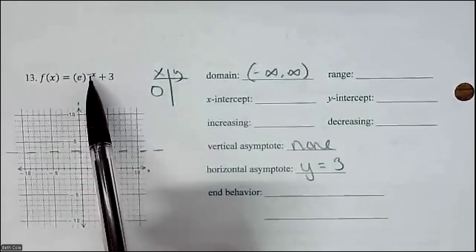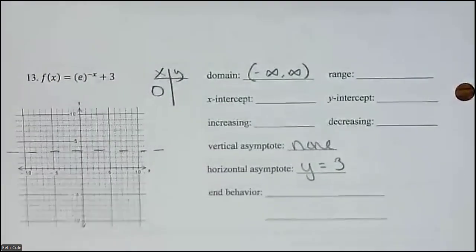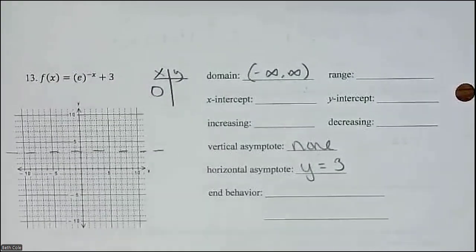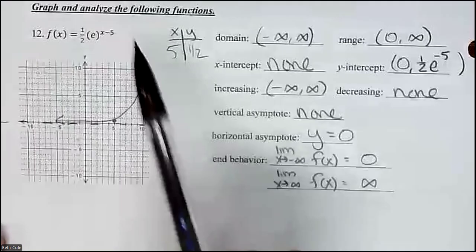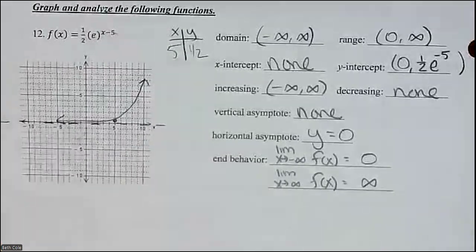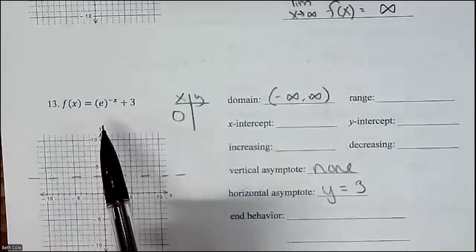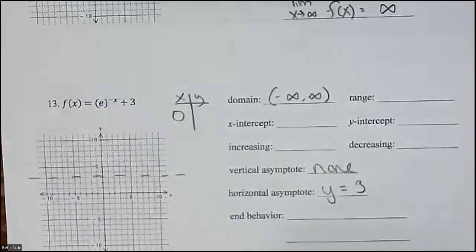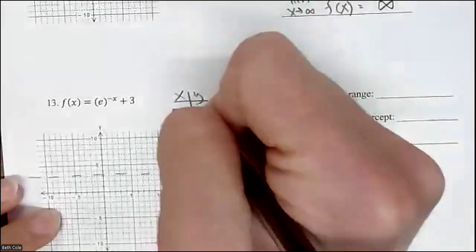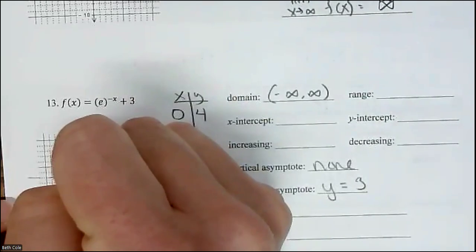You can't negative a 0, it's just 0. It's how much it moved left or right. So like in this one, do you see how it went right 5? So I plugged in 5. If it went left 6, you would plug in -6, like just wherever it went. So e to the 0 is 1 plus 3 is 4. So 0, 4 right there.